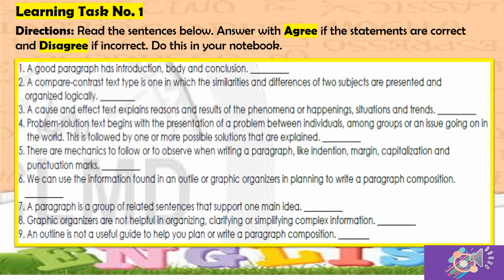Number 7, a paragraph is a group of related sentences that support one main idea. And number 8, graphic organizers are not useful or helpful in organizing, clarifying, or simplifying complex information. And number 9, an outline is not a useful guide to help you plan or write a paragraph composition.